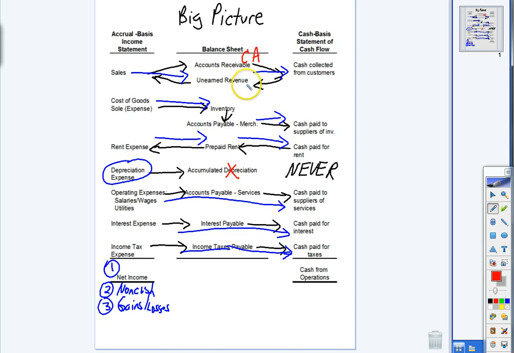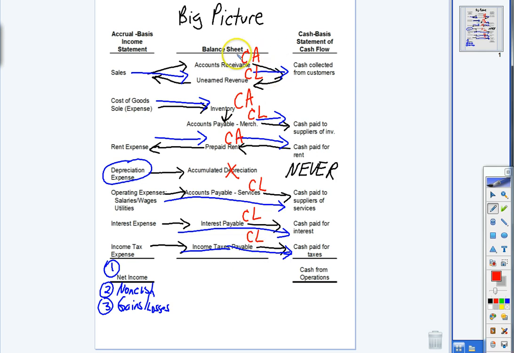Unearned revenue, usually a current liability. Inventory, current asset. Accounts payable, current liability. Prepaid rent, usually a current asset. Accounts payable, current liability. Interest payable, current liability.